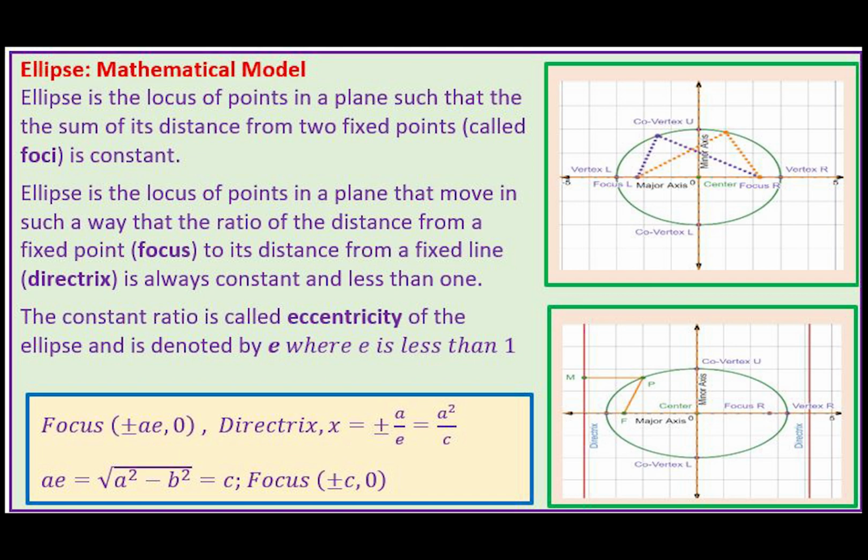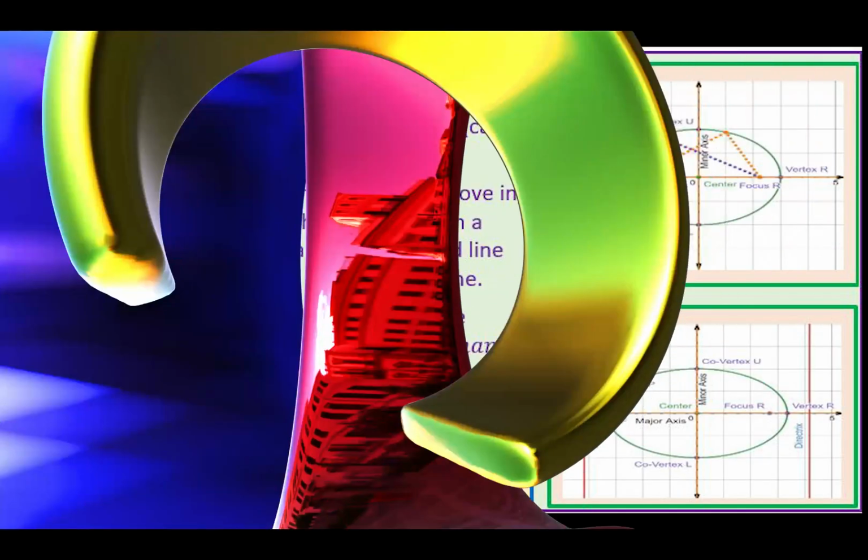In terms of c, we can write the focal points as (±c, 0), since there are two foci, and the equation of the directrix can be written as x = a squared over c. These equations help us find the coordinates of the focal points and the equation of the directrix.